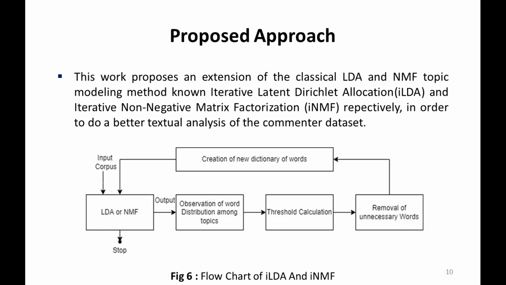After threshold calculation, we removed all the unnecessary words whose weight is below the threshold level. Then we created a new dictionary and trained the LDA model again. We chose to iterate about 10 times, but we observed that within 4 iterations we can reach better results.